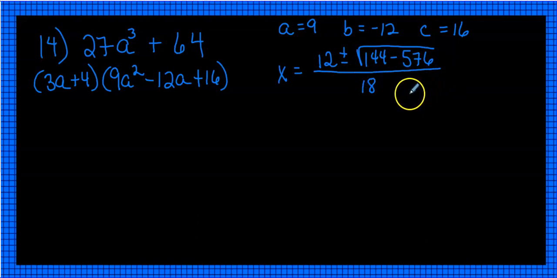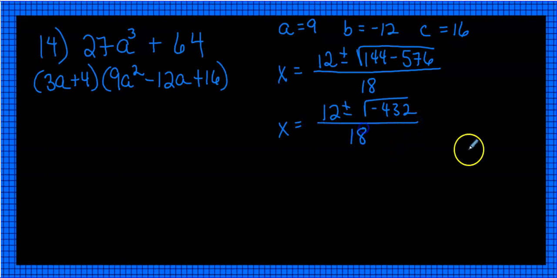All right, 144 minus 576 is negative 432. Go ahead and fill that in. Negative 432 over 18. So I need to think about the number 432 and think, okay, are there any perfect squares that are factors of 432?